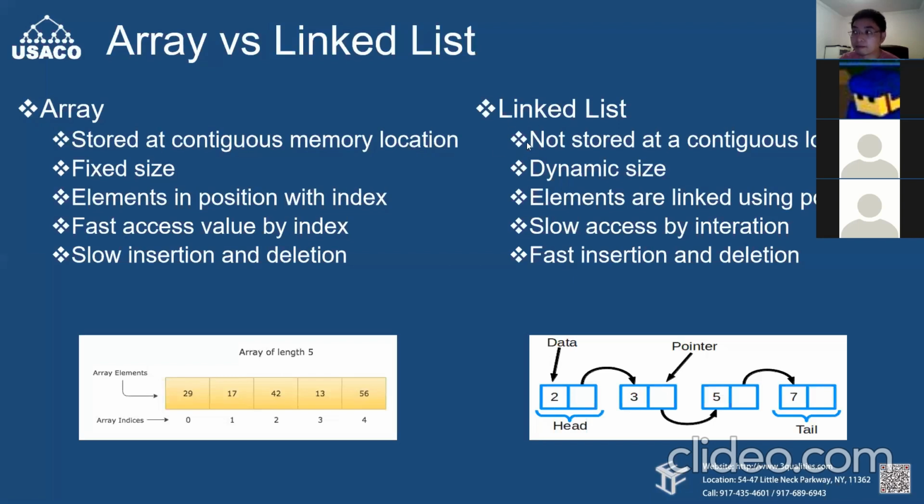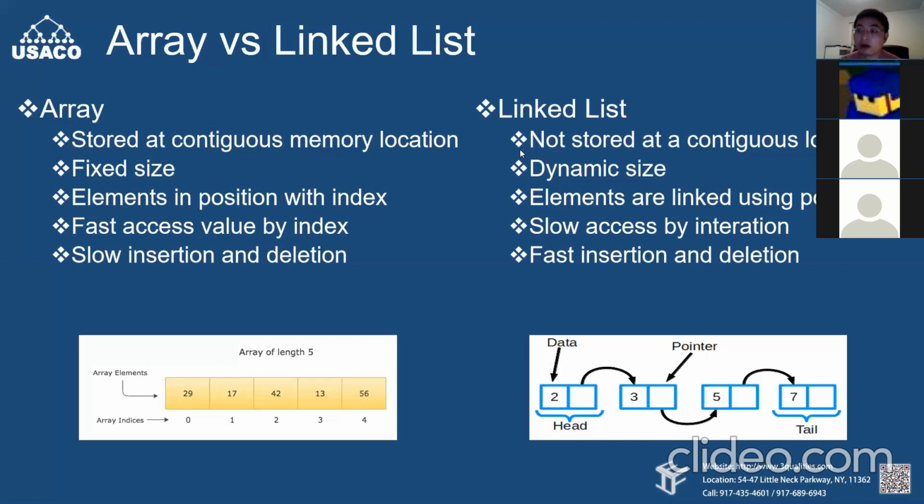And look at the linked list. A linked list is not stored at a contiguous location. What does it mean? It means in the memory storage boxes, every element or value of the linked list can be stored in different places. So the question is, if my CPU reads the first value of your linked list, how do I know where my second value is?